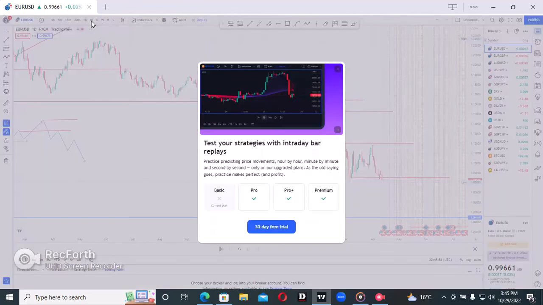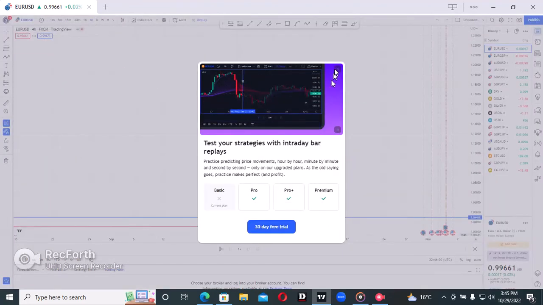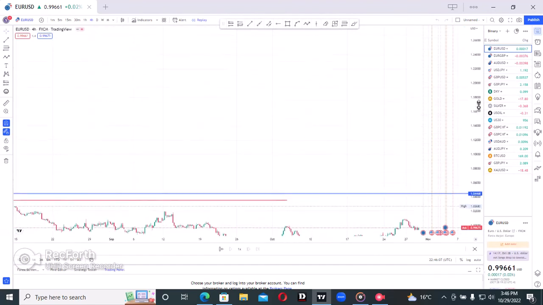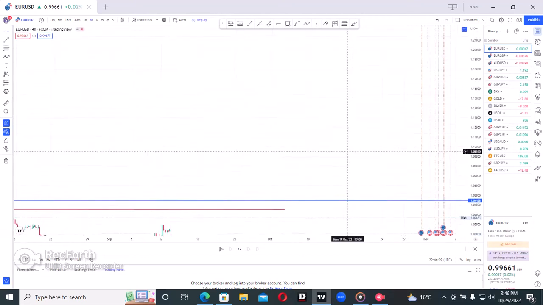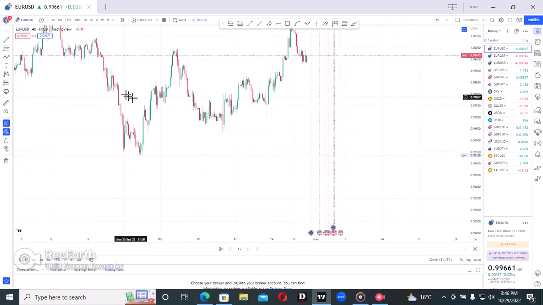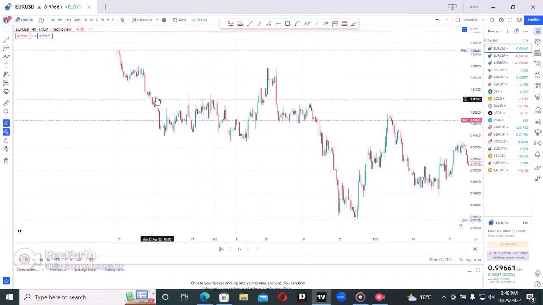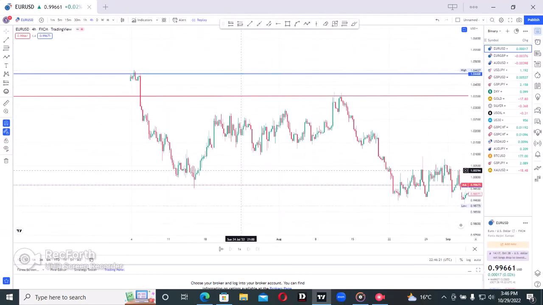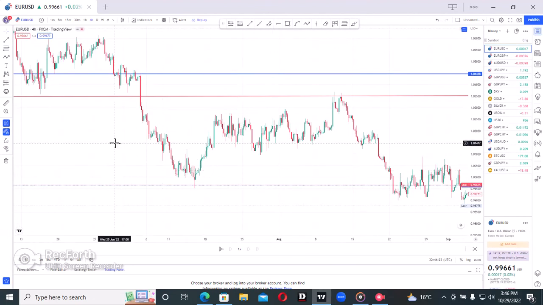So let me just drop down to the 4 hours time frame chart. So here I am in the 4 hours time frame chart.